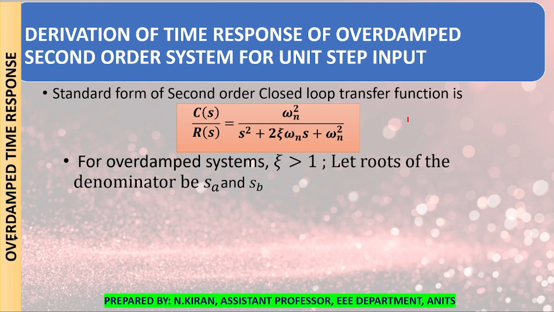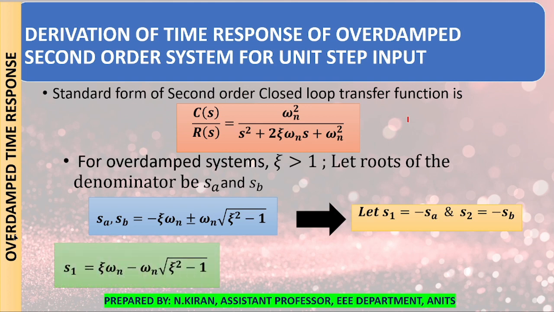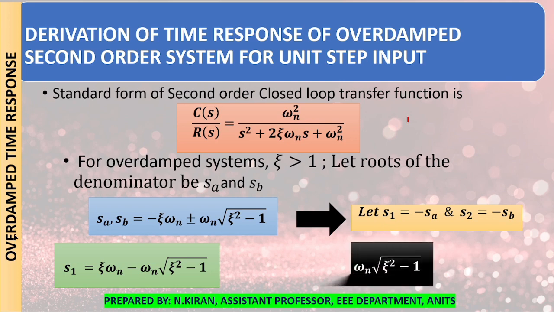If I assume the roots of the denominator polynomial as sa and sb, it is nothing but minus zeta omega n plus or minus omega n into root over zeta square minus 1. Here I will assume s1 as minus sa and s2 as minus sb. So that will give me S1 as zeta omega n minus omega n into root of zeta square minus 1, and S2 as zeta omega n plus omega n into root of zeta square minus 1.